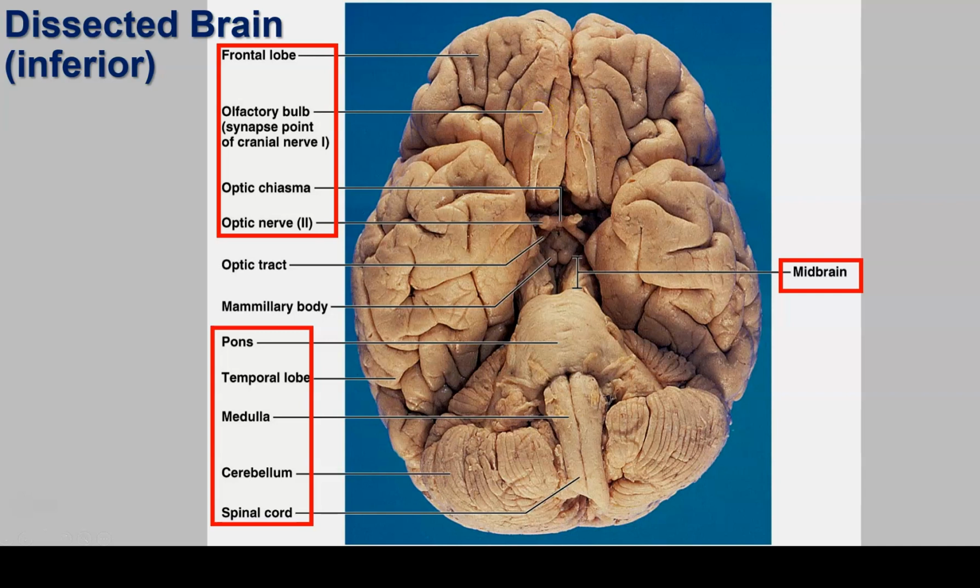Just inferior to that, we see this little cross section. This cross section is called the optic chiasm or the optic chiasma. And this is where parts of each optic nerve cross each other. This is all you need to know for the brain.